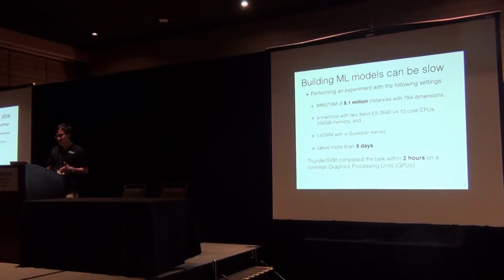The training process took about 9 days. The library we built, called ThunderSVM, can complete the task in just 2 hours on a common GPU. And as you can see, by using the hardware more efficiently, we can achieve a significant speedup.